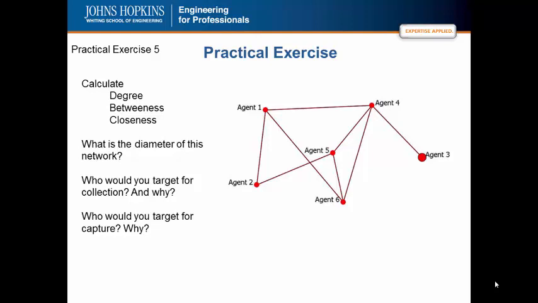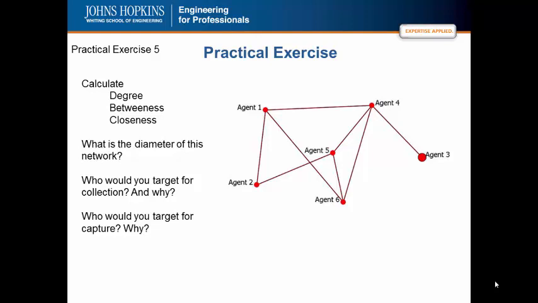I would like you to pause this video for a moment to calculate the degree, betweenness, and closeness centrality of the nodes in the network. Now that you have calculated the degree, betweenness, and closeness of the nodes in the network, I would like you to look through your work, look at the betweenness calculation, and see if you can determine what the diameter of the network is.